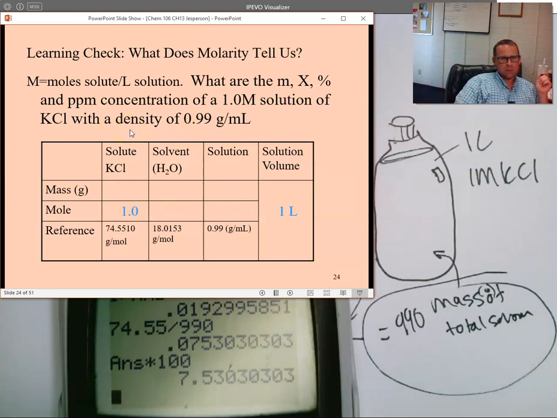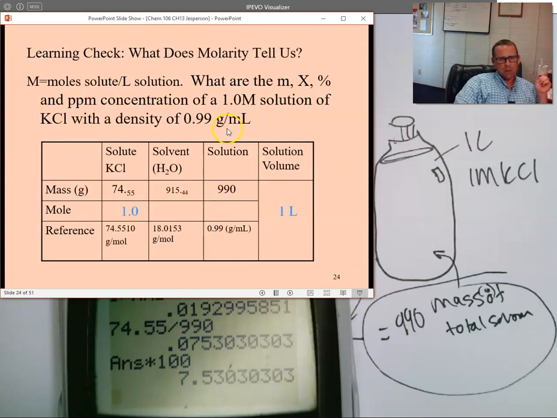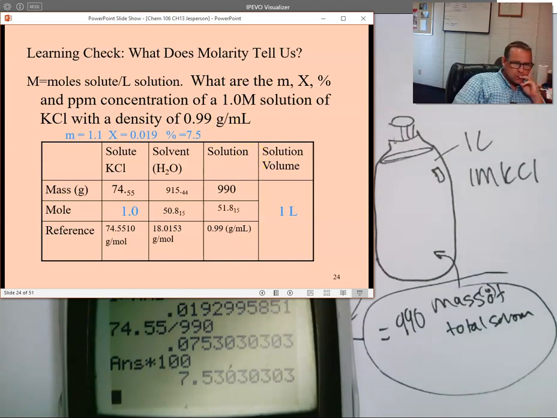Let's go back to this previous slide here and see what it was. So parts per million are either micrograms of solute per milliliter of solution or milligrams of solute per liter of solution. All right. Okay. So milligrams of solute per liter of solution. What values can we use to get us there?